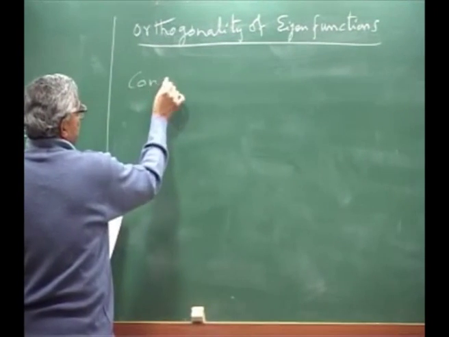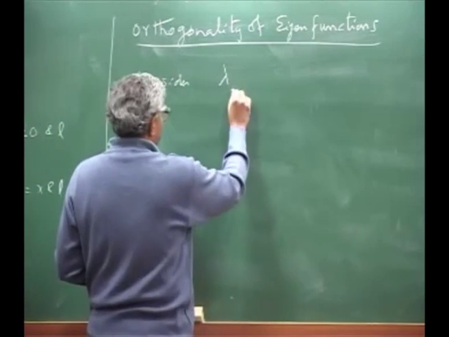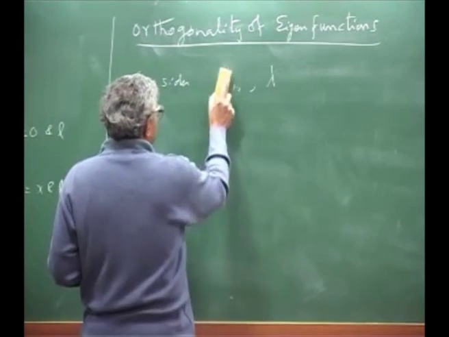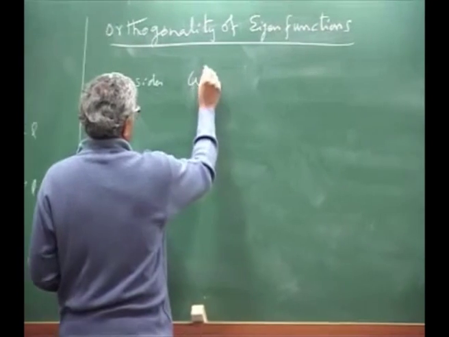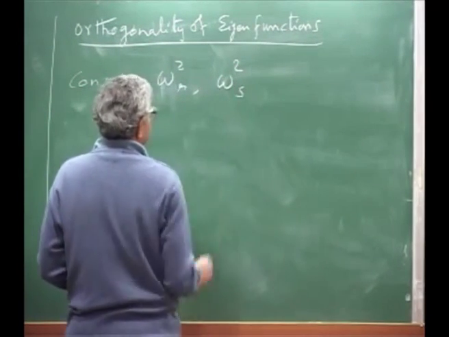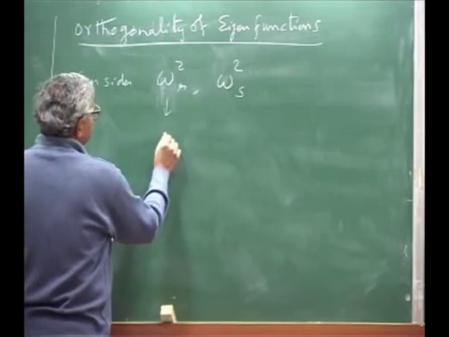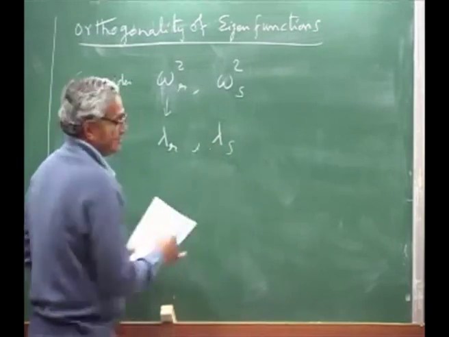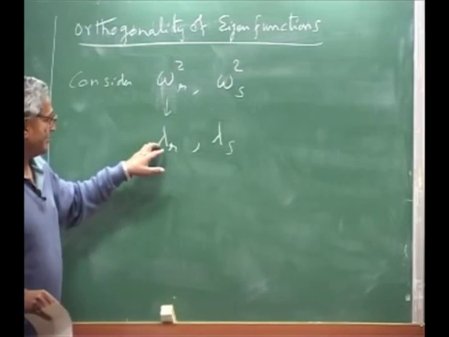Consider lambda r and lambda, sorry, not lambda, you can take it omega square itself. I think that is better. Omega square r, omega square s. I may, for simplicity, I am writing it as lambda r, lambda s. Okay. Just for, because I am going to use only, not omega, I will use lambda r, lambda s.